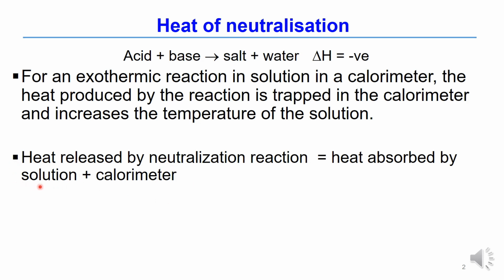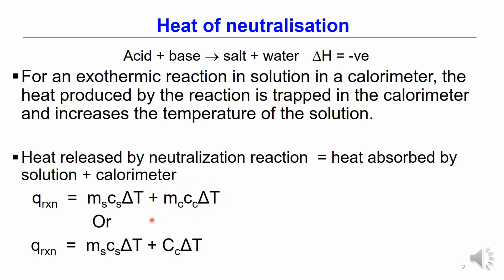The solution here refers to the water produced from the reaction of acid and base. So we have the formula Q equals mc delta T plus mc delta T. Here, this one mc delta T is for the solution, and here is mc delta T for the calorimeter.